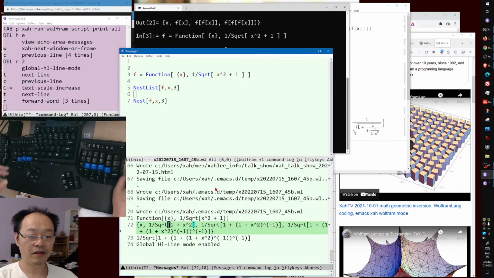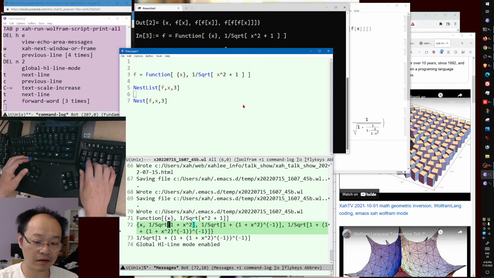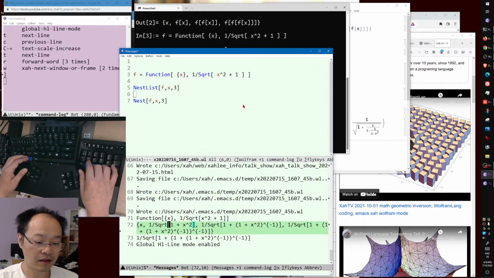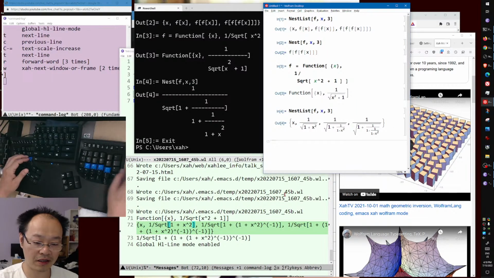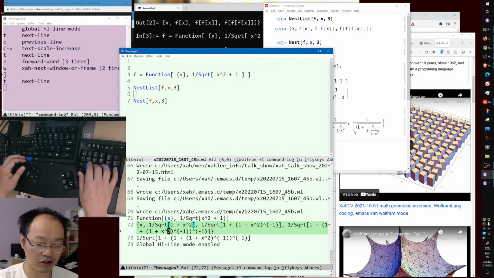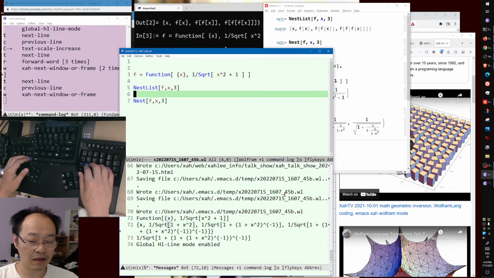So you are looking at Wolfram mod. It doesn't do typesetting. Rather it returns the expression in pure ASCII. So this is Wolfram mod.